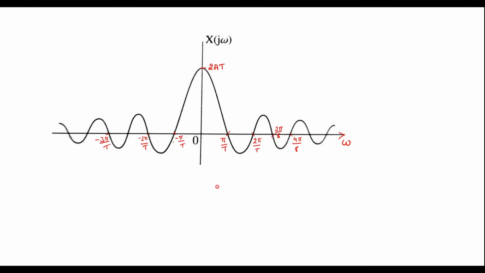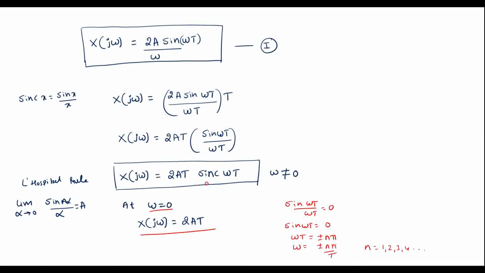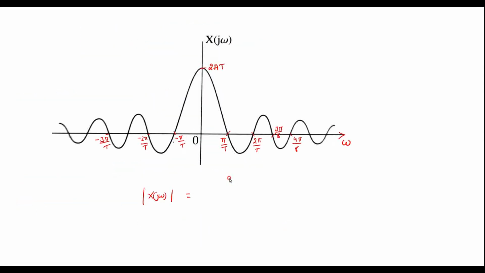Now let me draw the magnitude spectrum. The magnitude spectrum can be obtained from X(jω). If we take the magnitude of this, we get the magnitude of 2AT sinc(ωT).